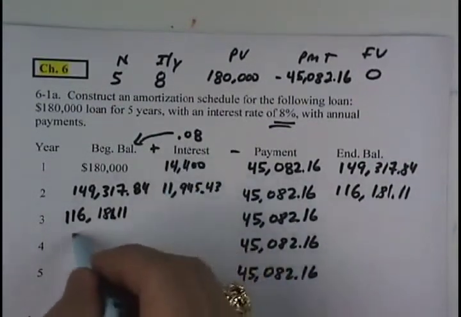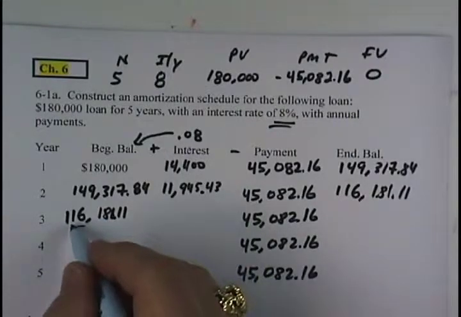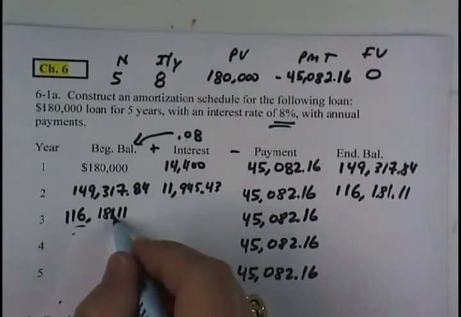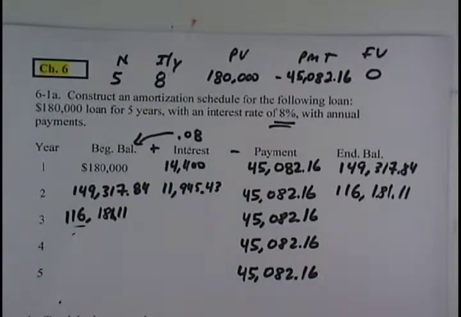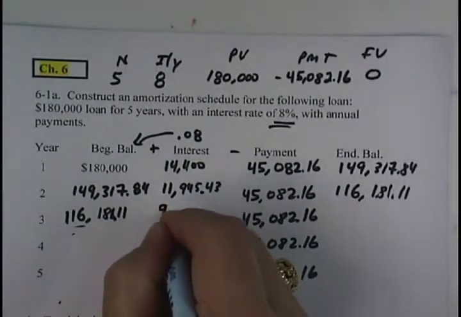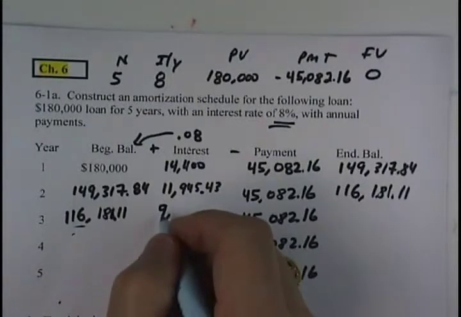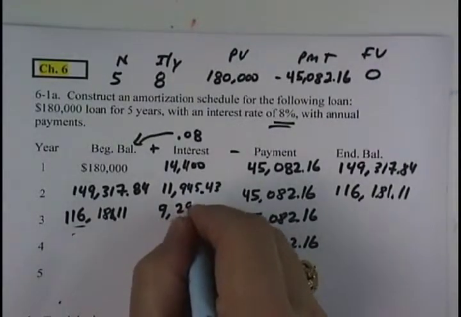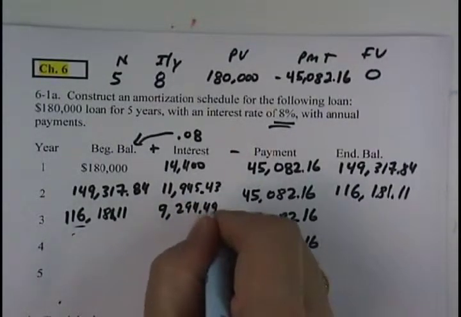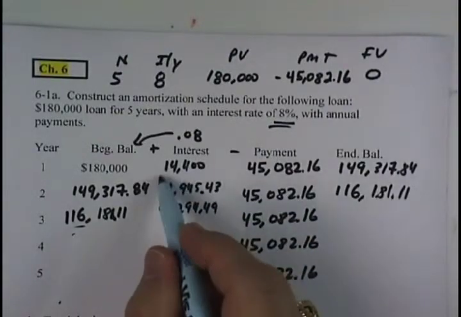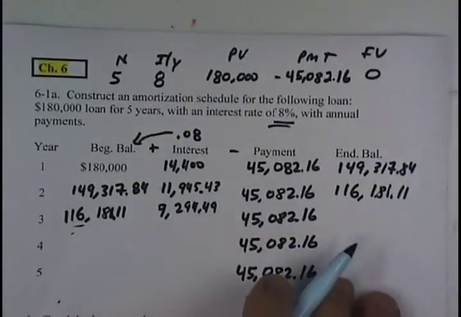The 8% interest rate is now multiplied by the $116,181.11. So the interest charged on this third row is $9,294.49. You can see the interest amount is becoming smaller and smaller.